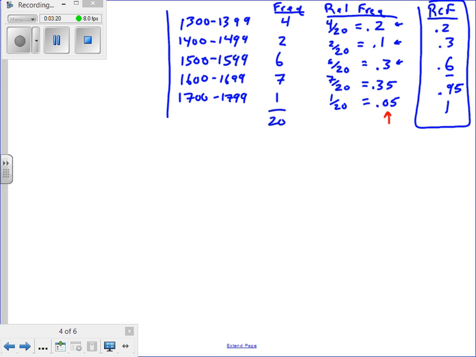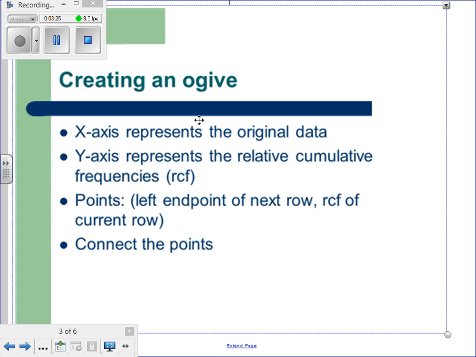So here's what we're actually going to use to create that ogive. Look at this: the x-axis is going to be our original data, just like our bins in the histogram. But the y-axis is going to be that RCF. Again, some people might also call this CRF, depending upon what text or website you're looking at. And to really create this thing, this is kind of a confusing statement right here.